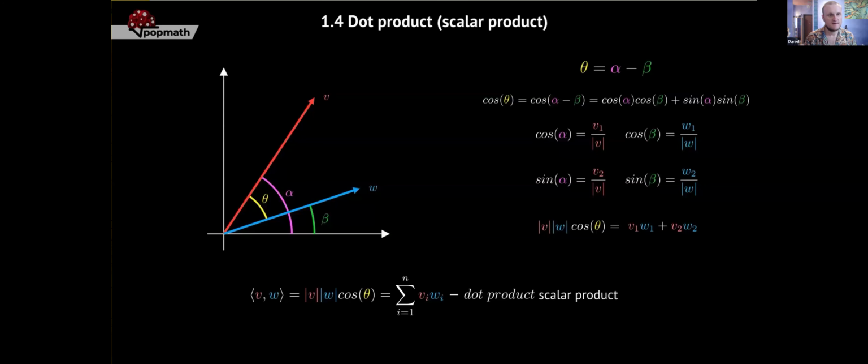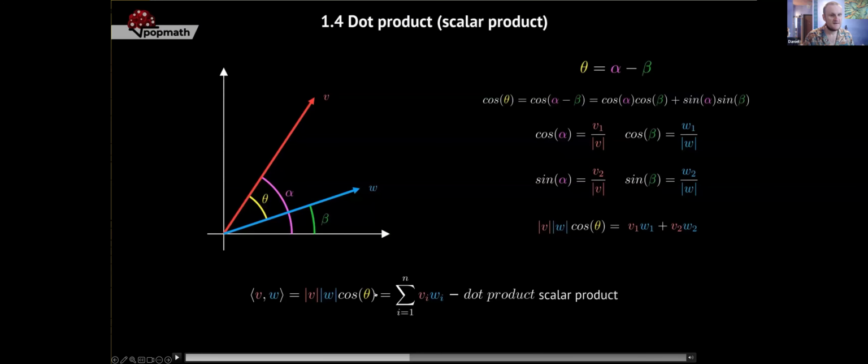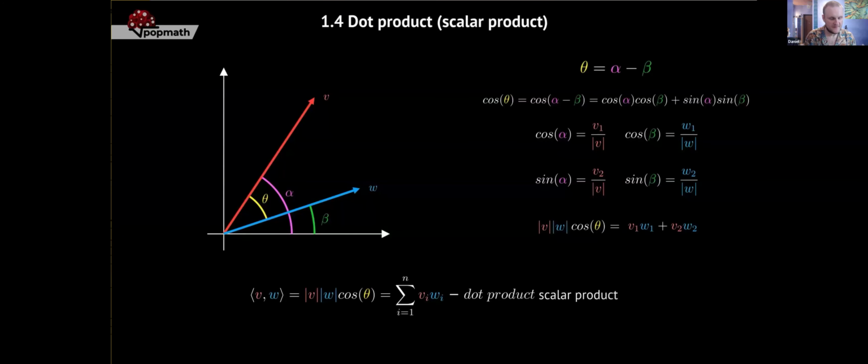Dot product works in any Rn. So 2 dimensions, 3 dimensions, 10 dimensions. Actually, in any finite number of dimensions. And when I say that, people usually ask, so why do you speak about a finite number of dimensions? Can there be an infinite number of dimensions?